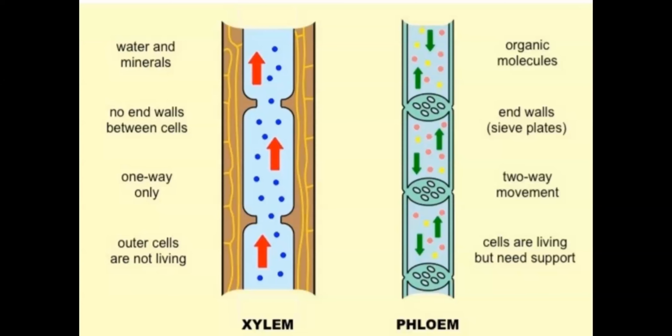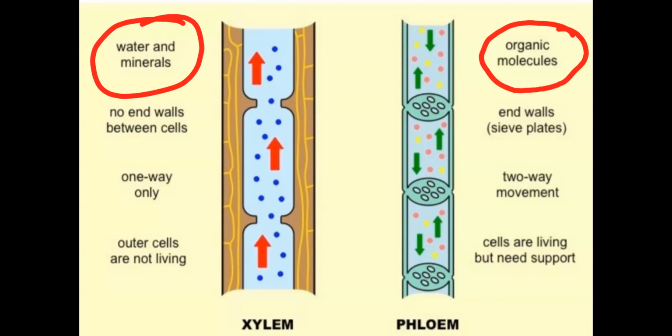If you just try and compare the xylem and phloem arrangements. First of all, xylem is meant for water and mineral conduction, whereas phloem is meant for organic material transportation. Okay.